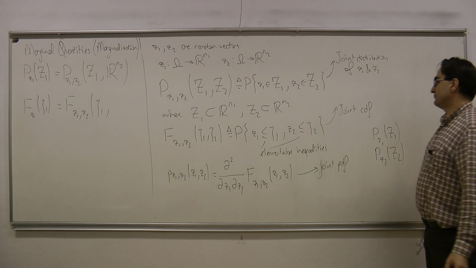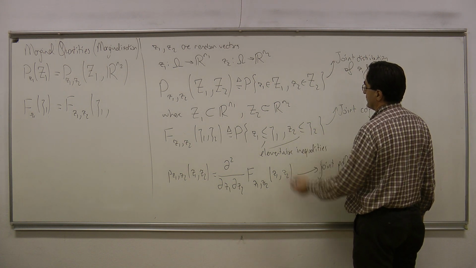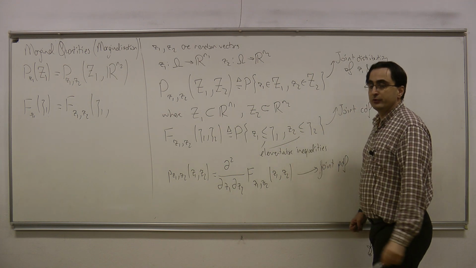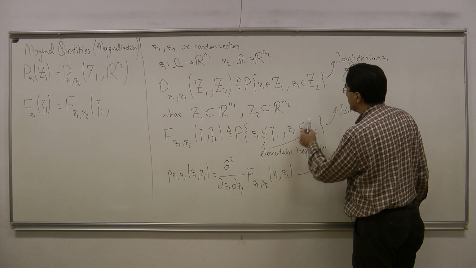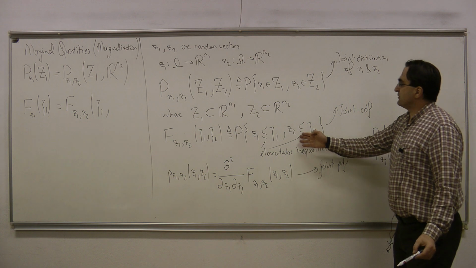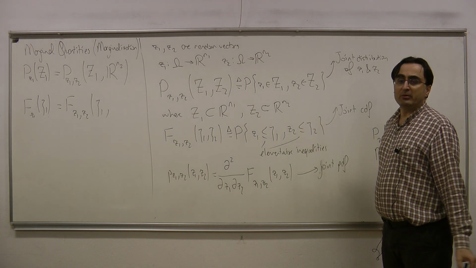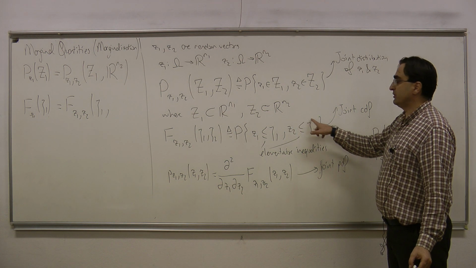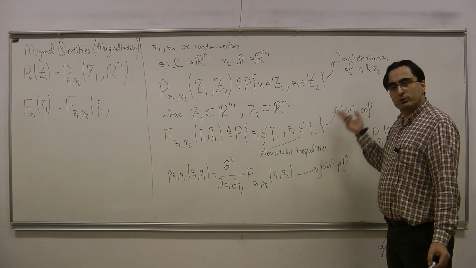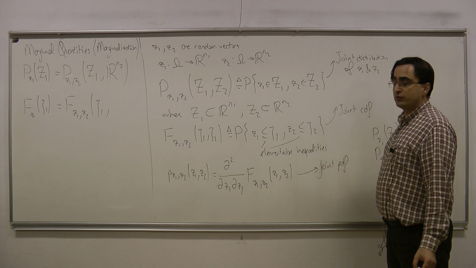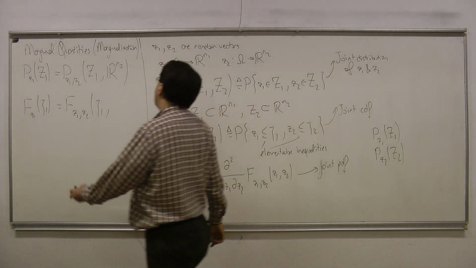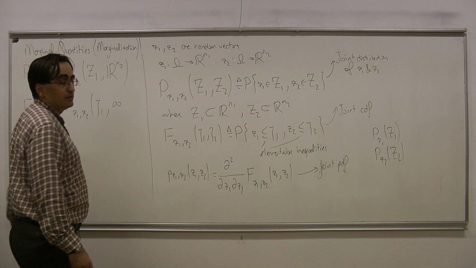An event which happens with probability 1. So which value of psi 2 makes the event Z2 smaller than or equal to psi 2 a sure event? Obviously, for this event to have probability 1, I can substitute infinities here instead of psi 2. Then Z2 smaller than or equal to infinities would have probability 1. So that would be a sure event.